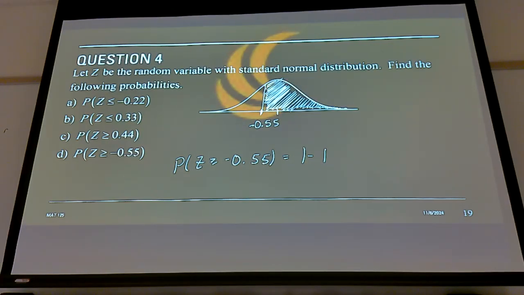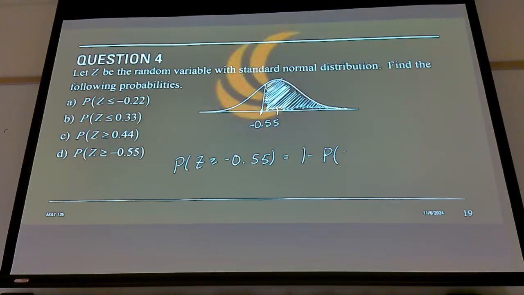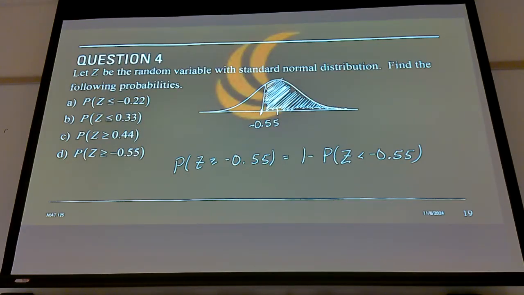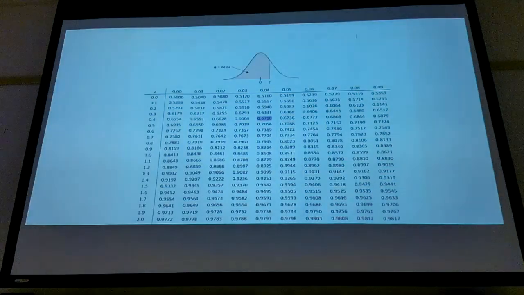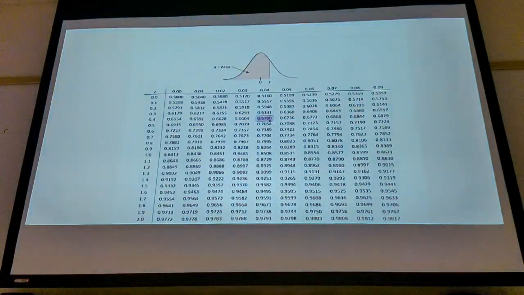Probability what? Means it's worse than that. Less than negative 0.55, right? So how would that work out? Right.